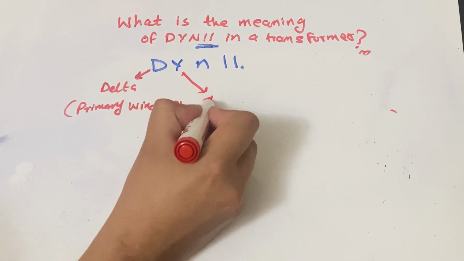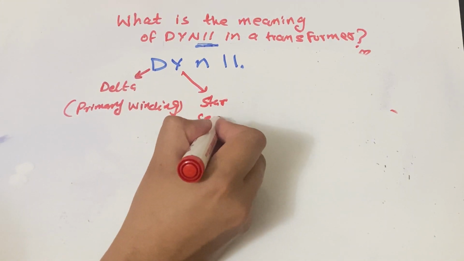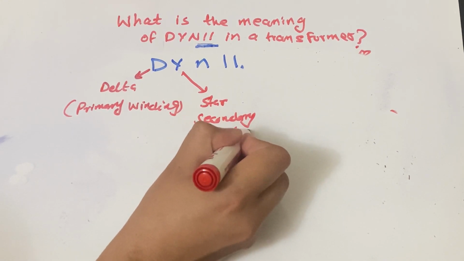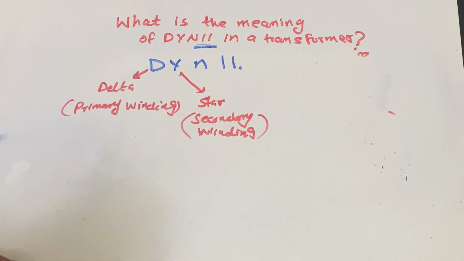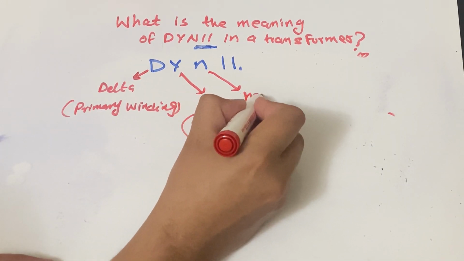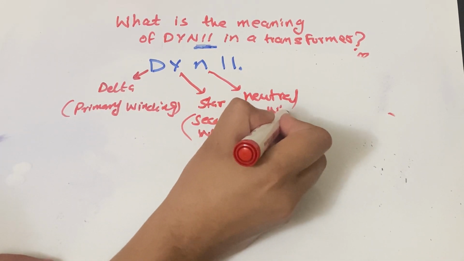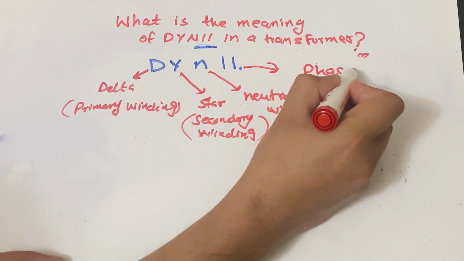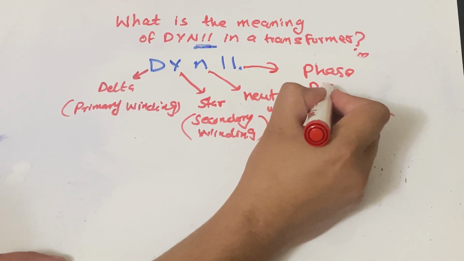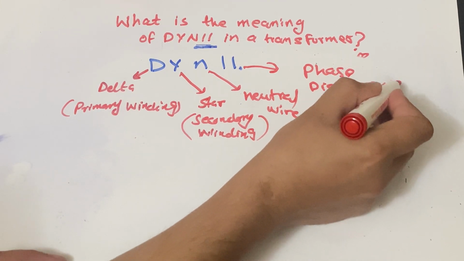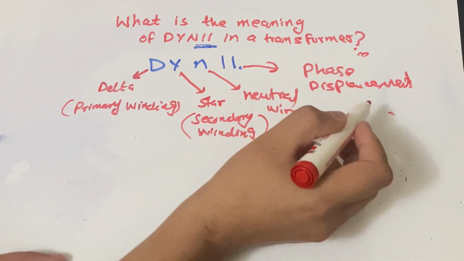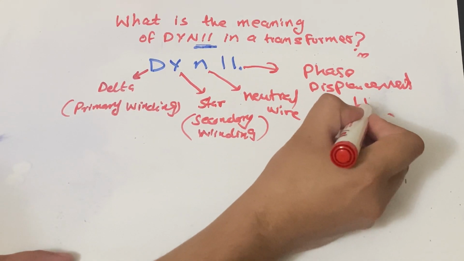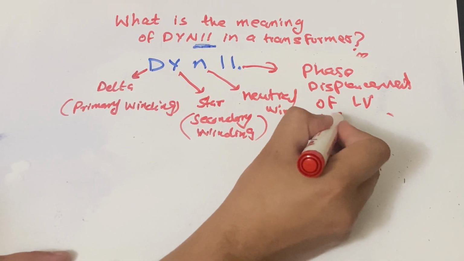This is called star, or secondary winding. This is the neutral wire. And these two code letters are used for phase displacement of the low voltage winding and high voltage winding.